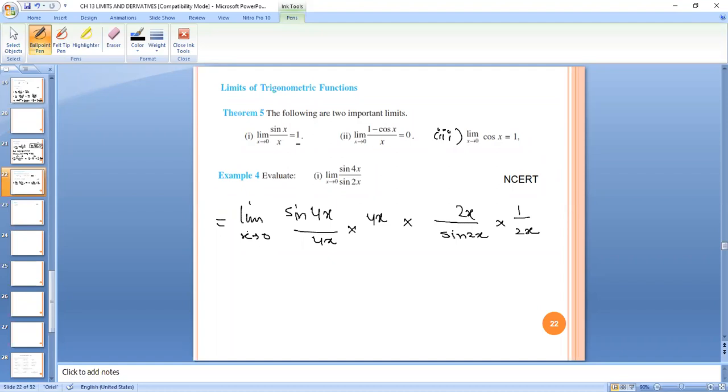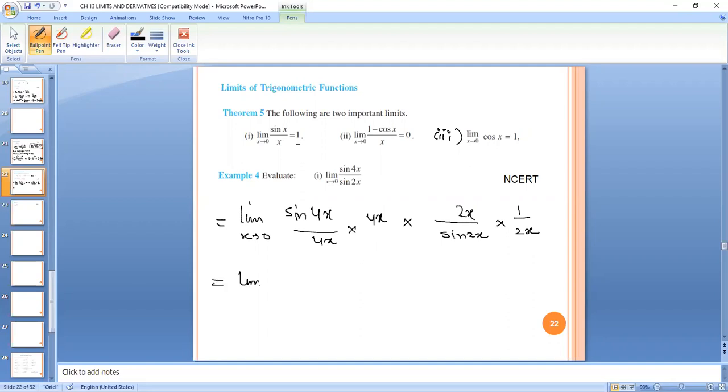So I am having limit x is tending to 0, sin 4x. I have divided it with 4x and I have multiplied with 4x. I am having sin 2x in the denominator. I have divided it with 2x and I have multiplied it with 2x. Just to make it in the form sin x upon x, because I know sin x upon x, limit x is tending to 0 is equals to 1.